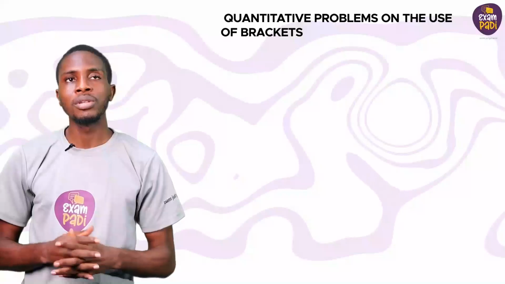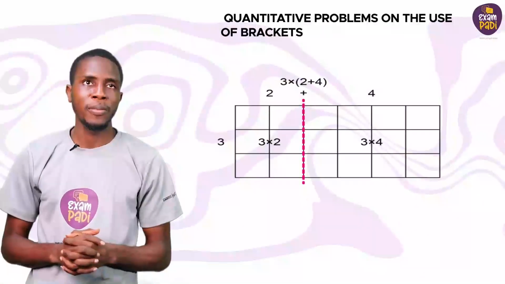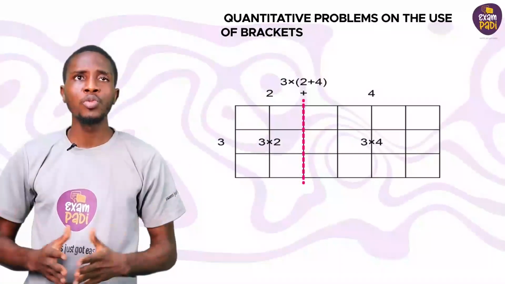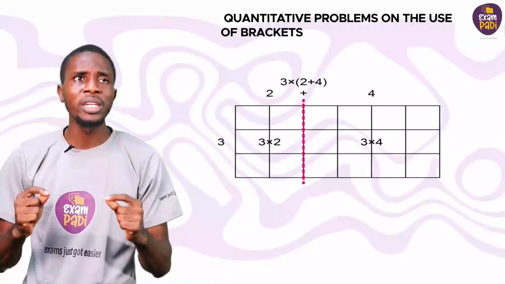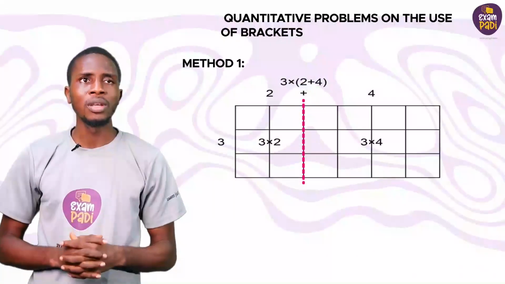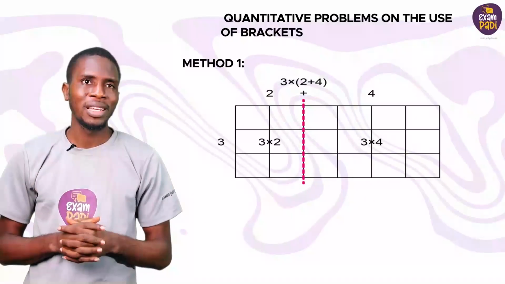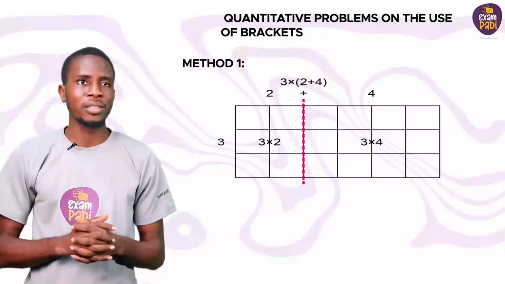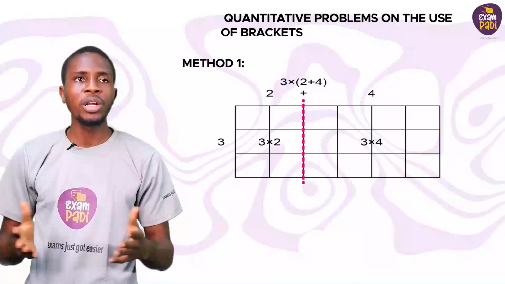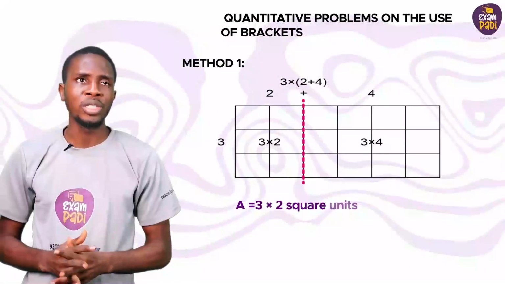For example, look at the two rectangles shown in this image. There are two ways in which we can write the total area of the two rectangles. Method 1. Calculate the area of each rectangle separately and then add the areas. Area of the small rectangle is A equals 3 times 2 square units.